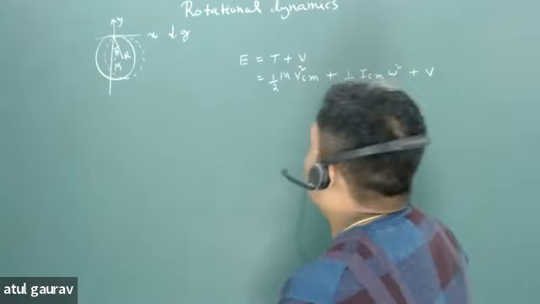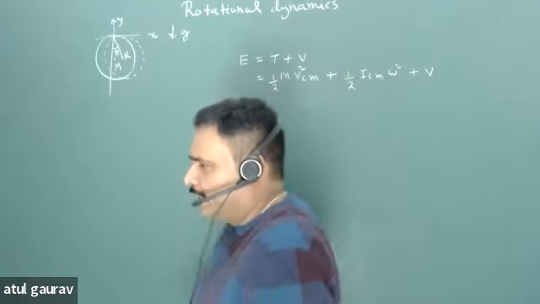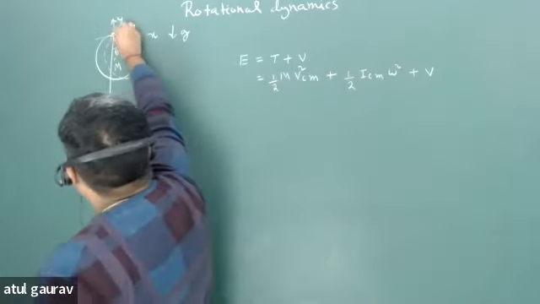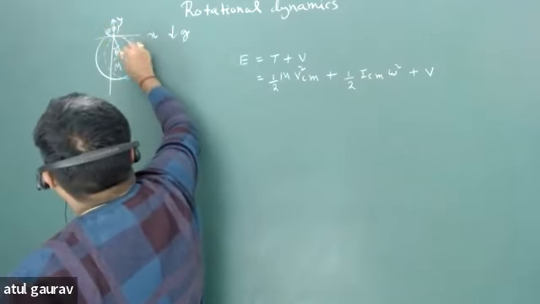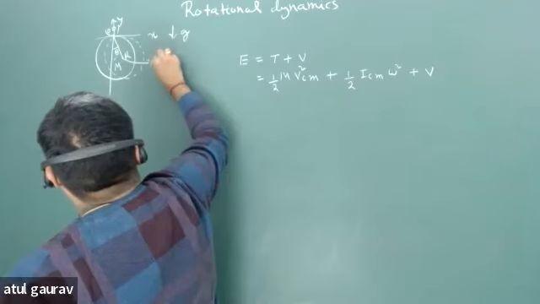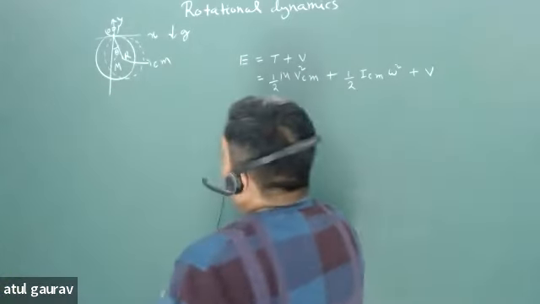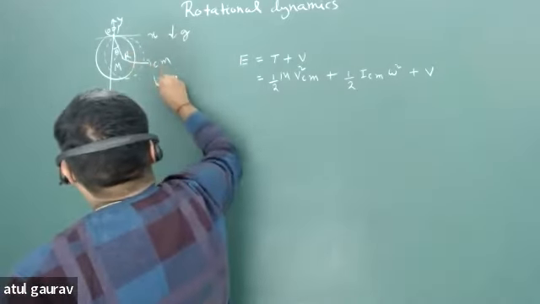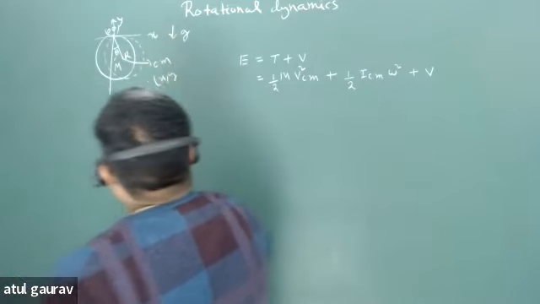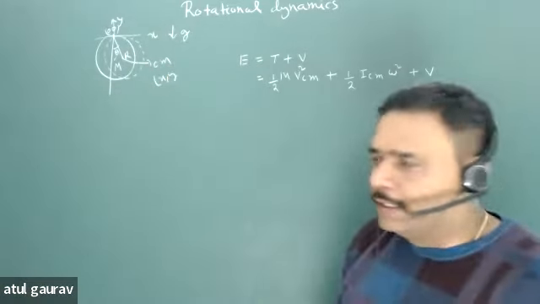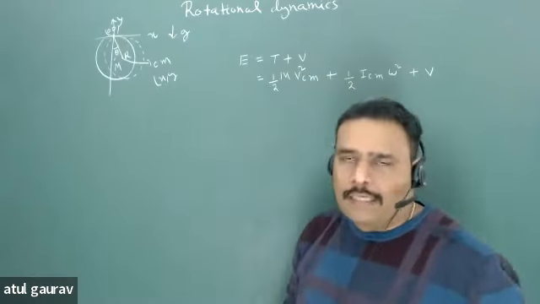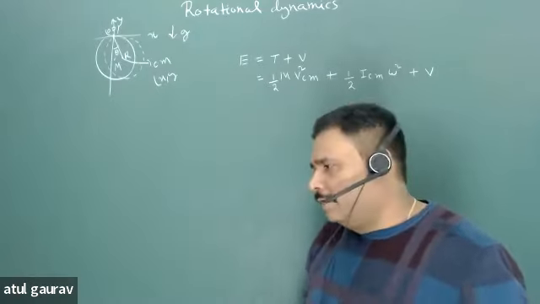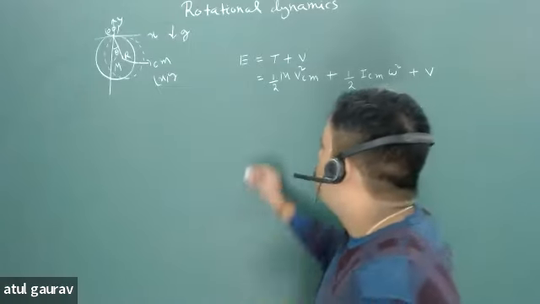Let's see what that will be. How will we start? We will put this point as my origin, and this is the coordinate of the center of mass, let's say x and y. First we will write everything in Cartesian coordinates, and then we will see which constraints are there, so we can easily use them.